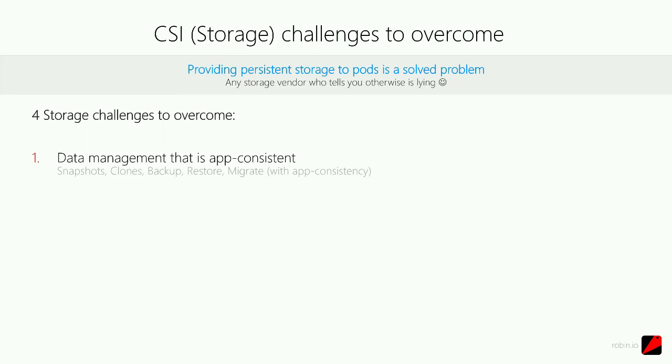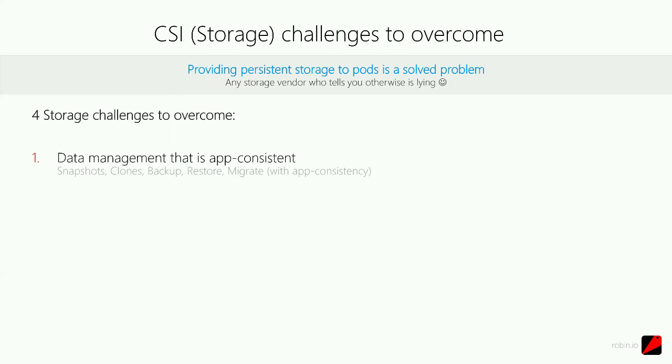Number one is, even with CSI's introduction of snapshotting capabilities, it's still on a per volume basis. But when you look at a distributed database, let's say a Mongo database or even Oracle RAC, they are partitioned, they have multiple instances running. When you take a snapshot, to be application consistent, you actually have to create a consistency group that spans not just one volume, but all the volumes across all the shards of your database.